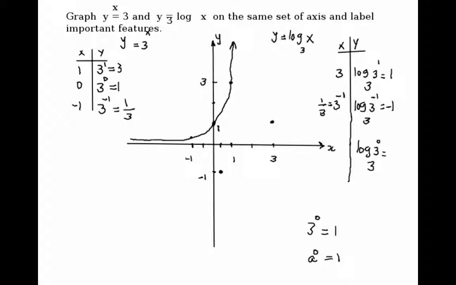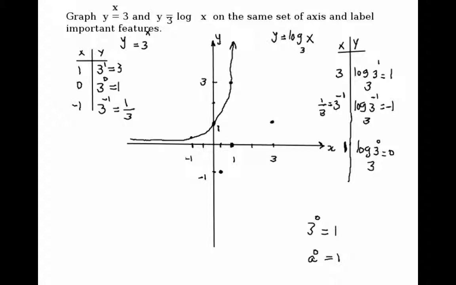So you want to know if x is equal to 1, then we have log of 1. I'm going to replace 1 with 3 to the power of 0 so I can see that it's equal to 0. Everybody see what we're doing here? So if x is equal to 1, y is equal to 0.